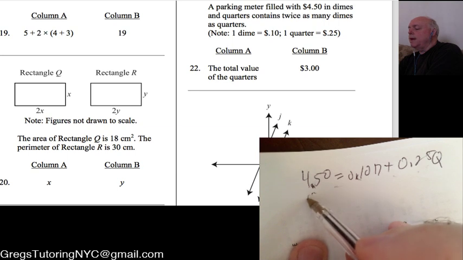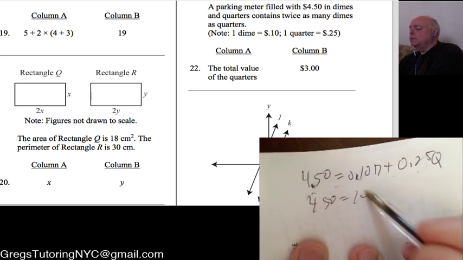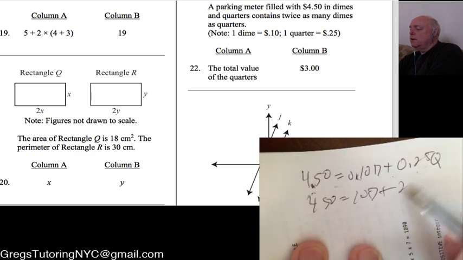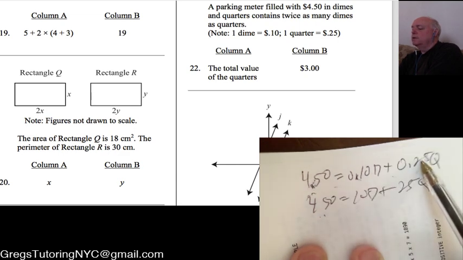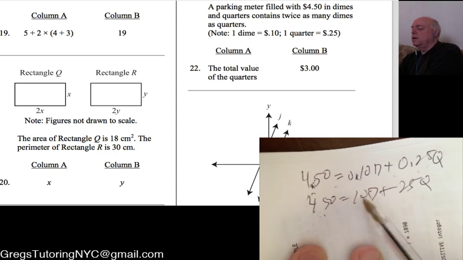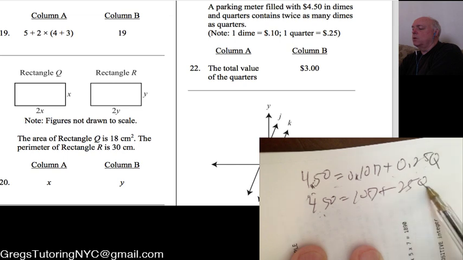You may or may not have to do this, but I generally like to, so I'm just going to be left with this. And I could have written it this way in the first place. Basically, 450 cents. Instead of $4.50, 10 cents, and 25 cents, I'm going to say 450 cents equals 10 cents per dime plus 25 cents per quarter.